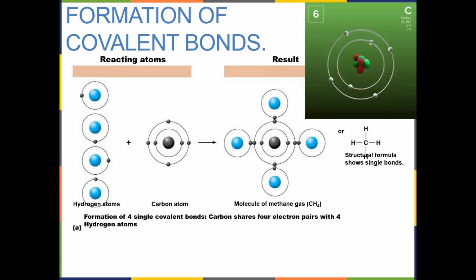Methane has more potential energy than the carbon atom does individually and the 4 hydrogen atoms do individually. So the methane has greater potential energy than the individual atoms that formed it. It's different.